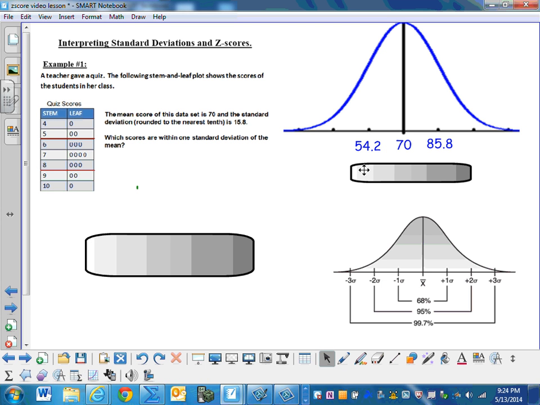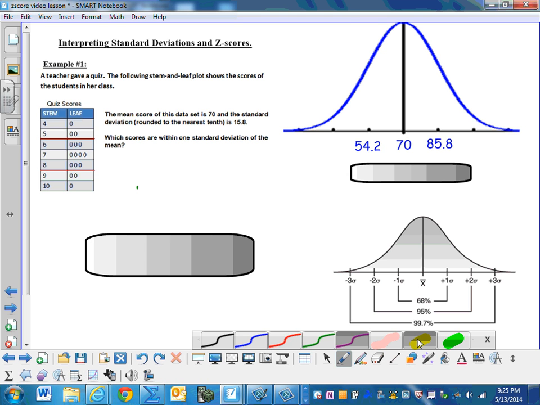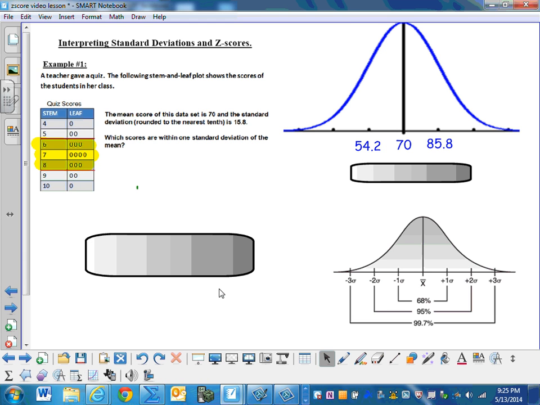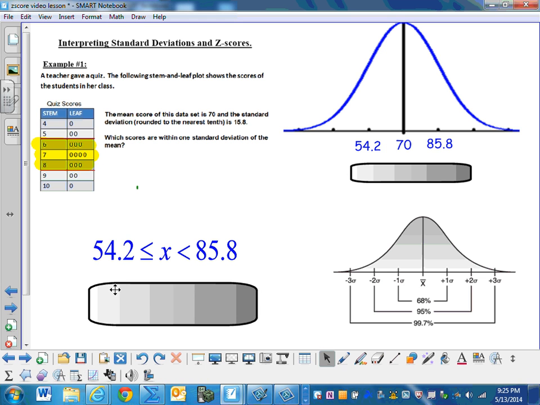So the scores between 54.2 and 85.8 fall within one standard deviation of the mean. So that would include all the 60s, all the 70s, and all the 80s. A way to represent that with an interval would look like this. The lowest score, 54.2, is less than or equal to x, which is less than or equal to 85.8.